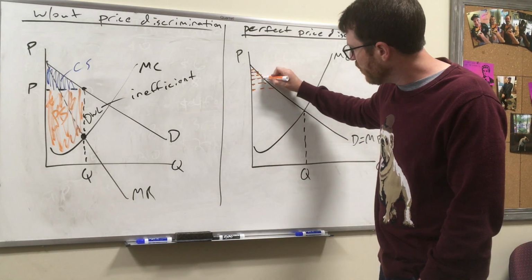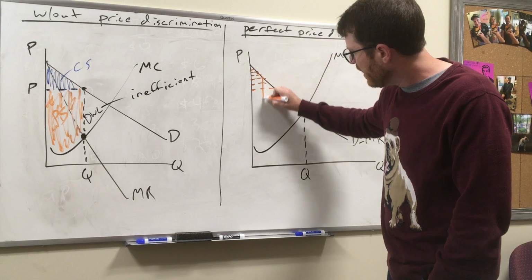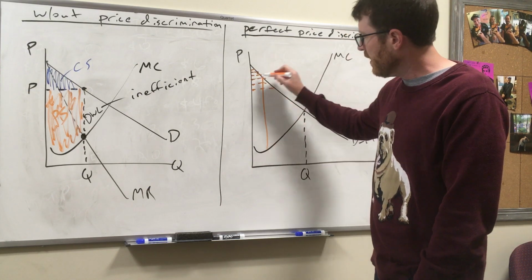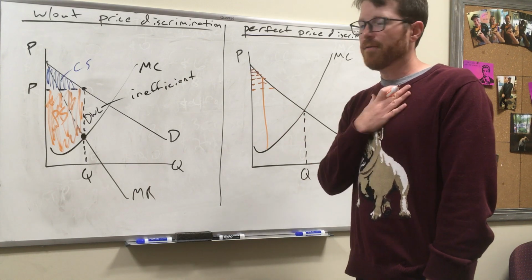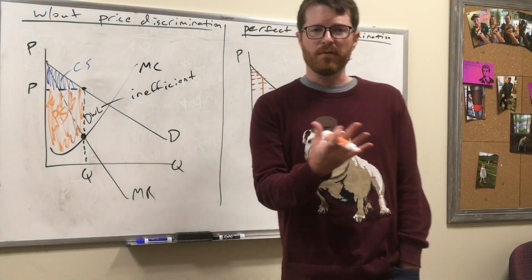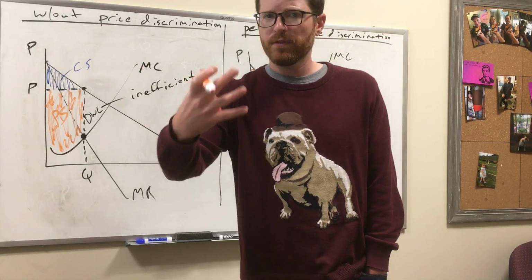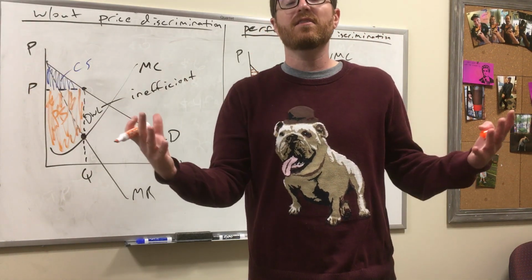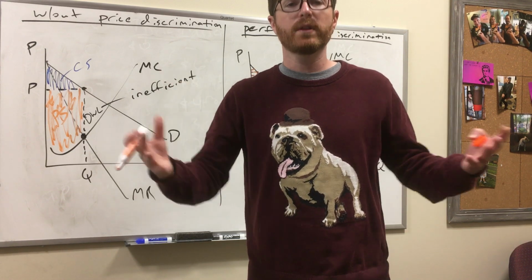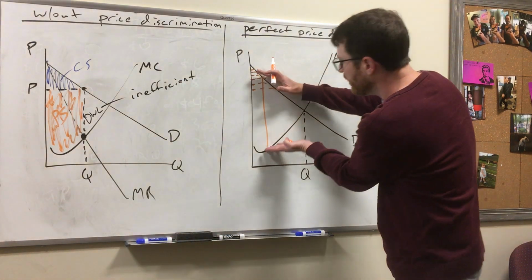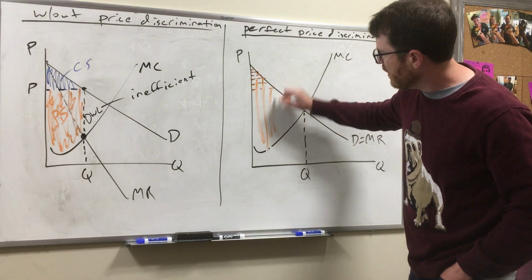And the difference between the price they pay and the marginal cost curve is going to be the producer surplus for each unit produced. If I'm the producer and I can make a taco for $1 and I charge a consumer $7, I generate $6 in producer surplus. And since I'm always charging the full willingness to pay, all of this area here will end up going to the producers.